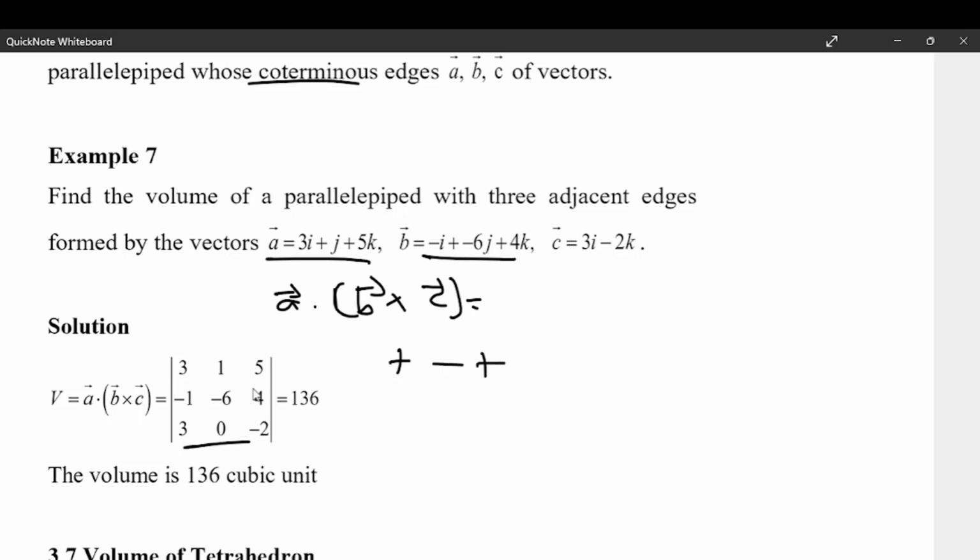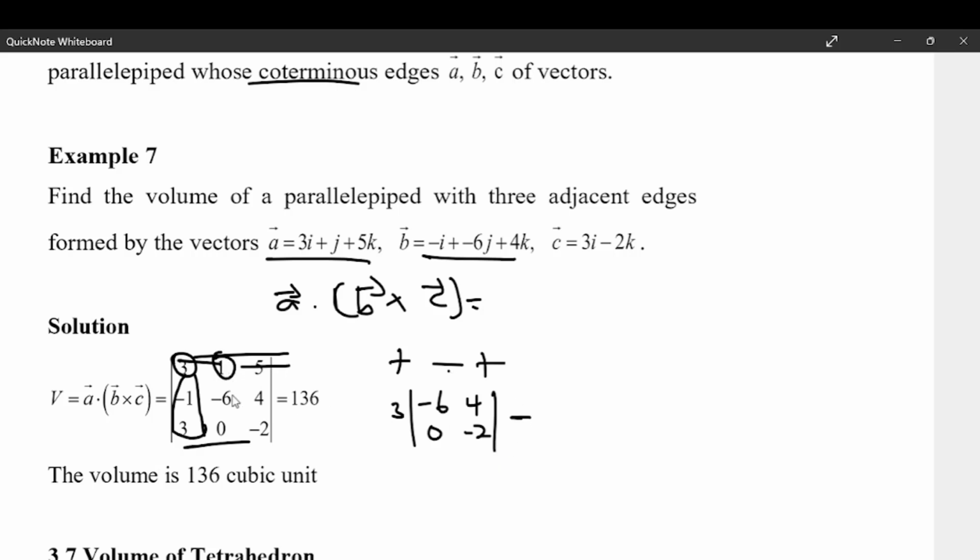So we maintain our 3, we delete all entries to the right of 3 and beneath 3, so we will be left with negative 6, 4, 0, negative 2. Then minus, the next number is 1.